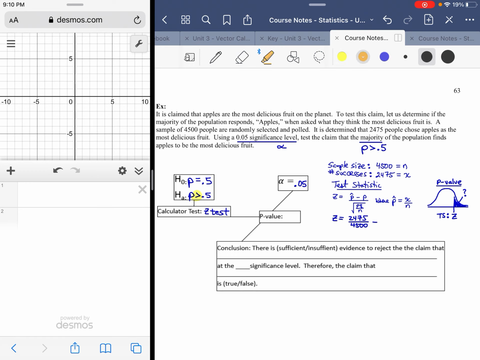And be careful. I've already said it a couple of times, so I know it could be confusing. P-value is a term. The value of P is what I'm referring to here. So this P, this population proportion, is the assumed one from the null hypothesis, so we're going to say minus 0.5.